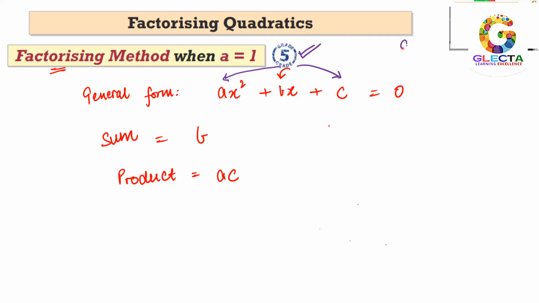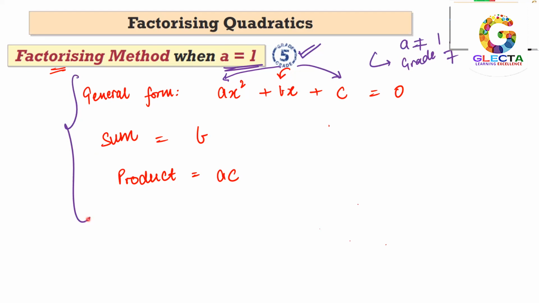If A is not equal to 1, that would be asked for grade 7, and we would be using different concepts. Although the concept is actually the same, when A is equal to 1, I'll tell you a shortcut that you can directly use. It's a direct thing that we can do. I hope everyone has noted this down.